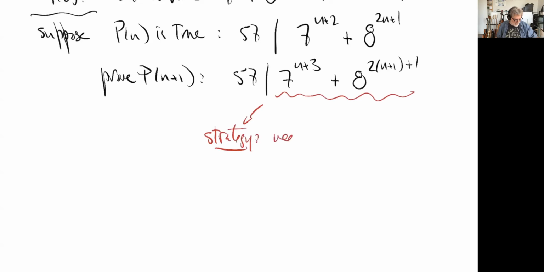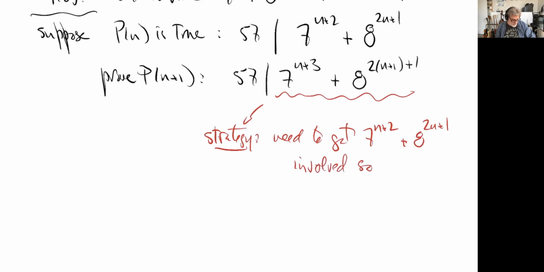We need to get 7 to the power n plus 2 plus 8 to the 2n plus 1 involved somehow, right? That's for sure. But you see, things are added together and it's not super clear how you can actually do this, okay?